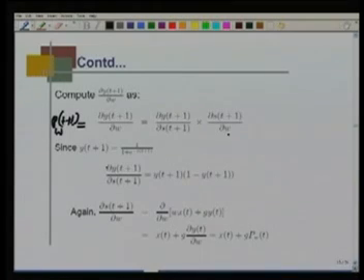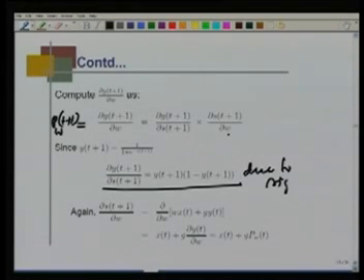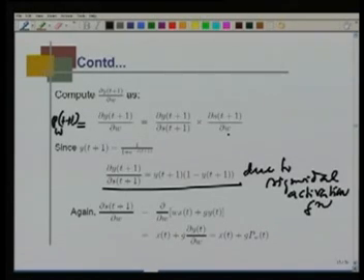Since y is a sigmoidal activation function of its input s(t+1), we know that this term is simply y(t+1) into 1 minus y(t+1), due to the sigmoidal activation function. You can verify that.